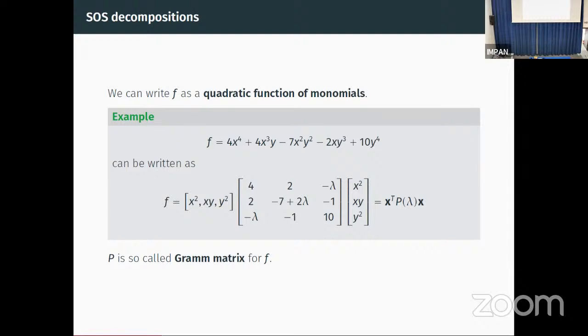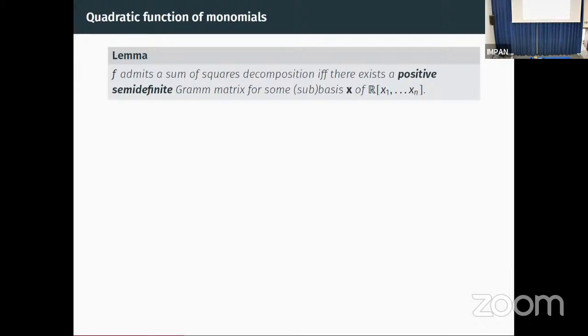Because in linear algebra, we know that the signature of a quadratic form and semi-positive definiteness of this matrix means that the negative part is 0. Okay? So this is the lemma. We are trying to find a semi-positive definite Gram matrix for some sub-basis of the polynomial ring, which realizes f as a quadratic form. Okay?